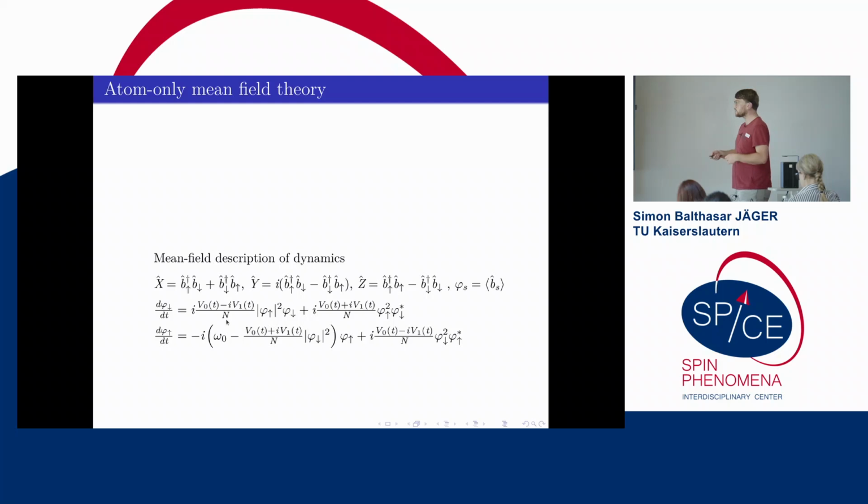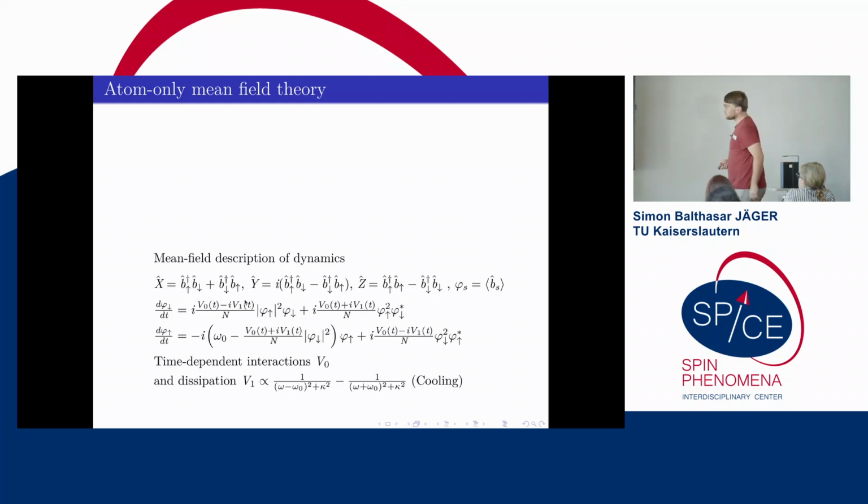So all these interaction effects and also dissipation effects result in a nonlinear equation for these phi up and phi down. And just to highlight this, these V0 and V1 basically come from the cavity. So if you just remove them, you see you have just omega naught, which is just a linear term. So really this cavity gave rise to these nonlinearities. And you also see that the V0 always has an imaginary part in front of it, while the V1 is always a real number.